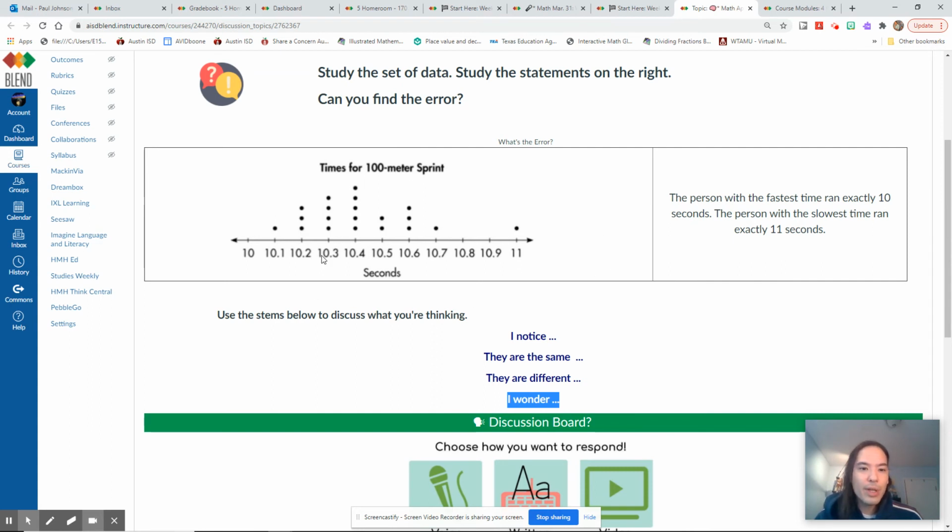But just remember, when you're dealing with numerical data, oftentimes the dot plot is the easiest way to represent numerical data. If you have categories that are words, usually you're not going to make a dot plot that says lions, tigers, bears, oh my, what are the favorite animals at the zoo? You're not usually going to see a dot plot with those types of categories.